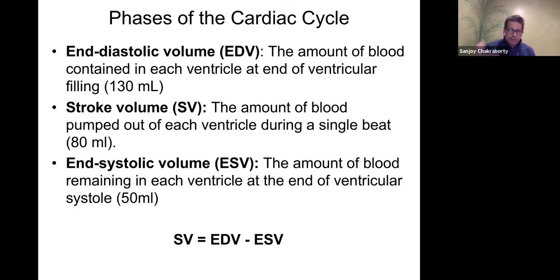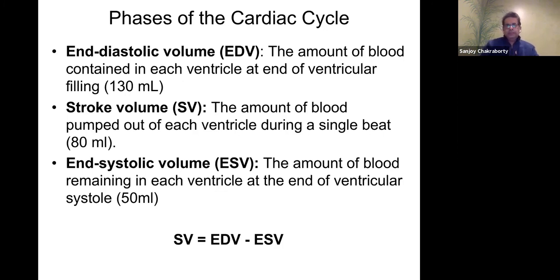As long as cardiac output is good, you really don't care about anything else. So cardiac output depends on two things: stroke volume and heart rate. Stroke volume is the amount of blood that enters into the aorta per minute. Let's focus on the aorta so it's easy to understand, because the same thing is happening to the pulmonary trunk.